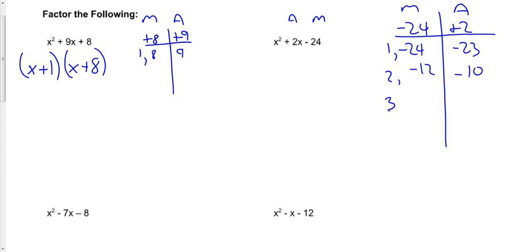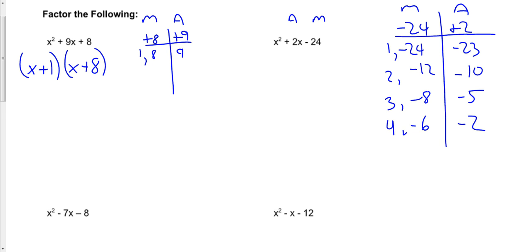Positive 3 times negative 8 will give me negative 24, and when I add them together, that gives me negative 5. Positive 4 times negative 6 will give me negative 24, but if I add them, that gives me negative 2. Okay, so I can keep going, but I already know what some of these things are going to result in.